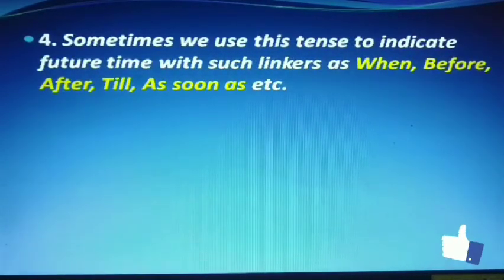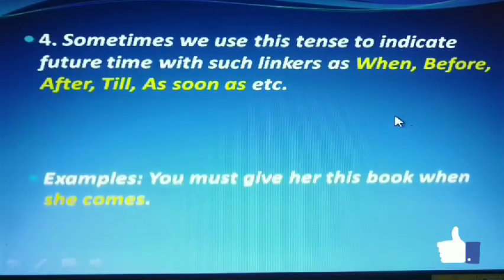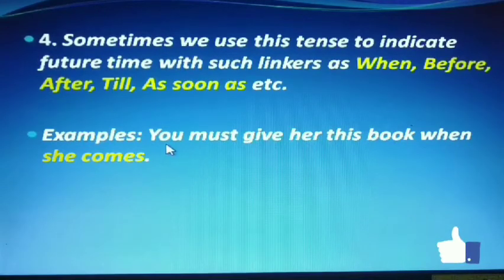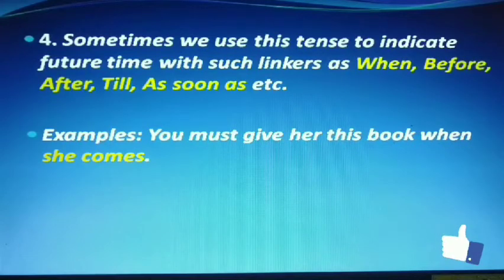Again, next point, sometimes we use this tense to indicate future time with such linkers, especially adverbs of time. When, before, after, till, as soon as. Examples. You must give her this book when she comes. When she comes. I expect her to come, but she has not come yet.